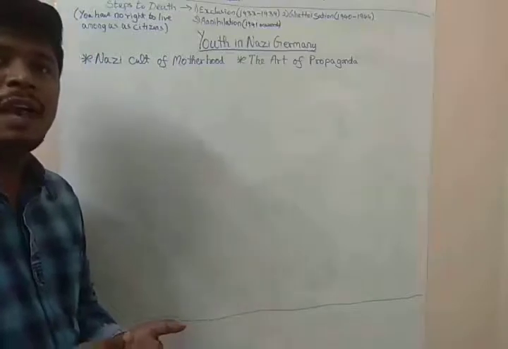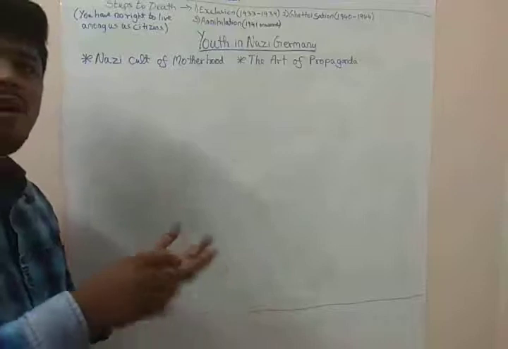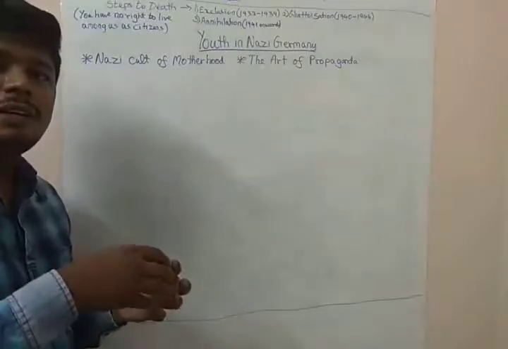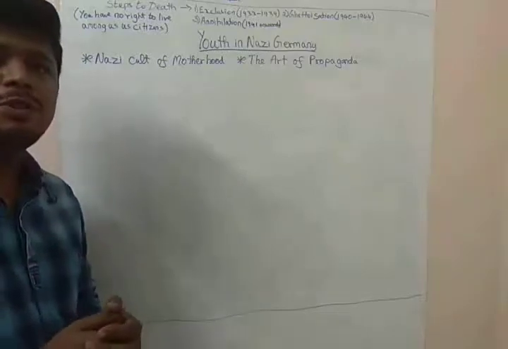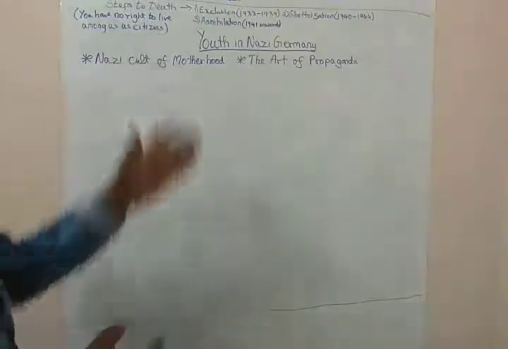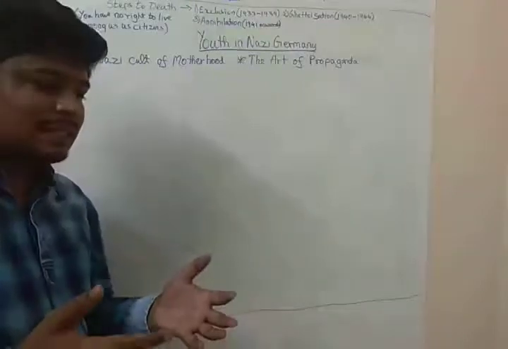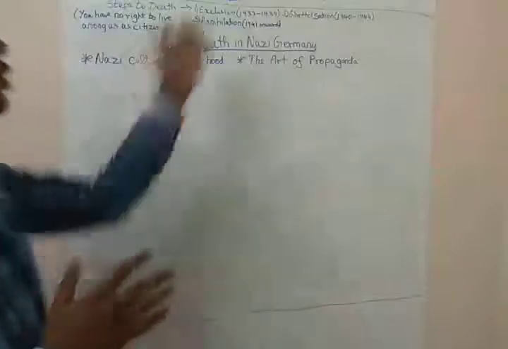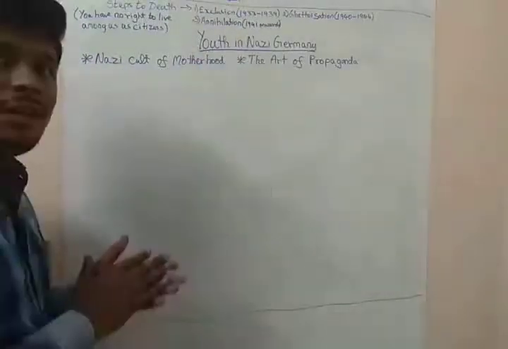And also all those resources, properties and whatever they had were taken by the German people. So that's the main thing in exclusion. At first they denied the basic rights of Jews. That's what is called exclusion, and they were avoided by the other people.